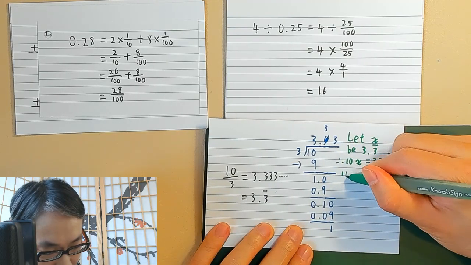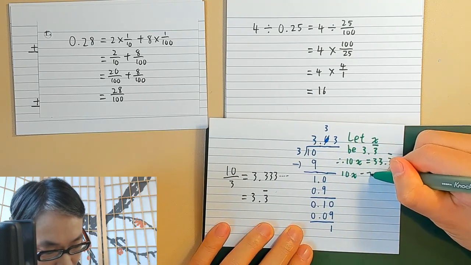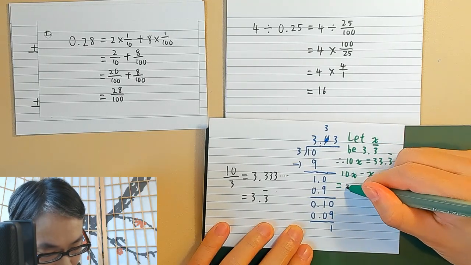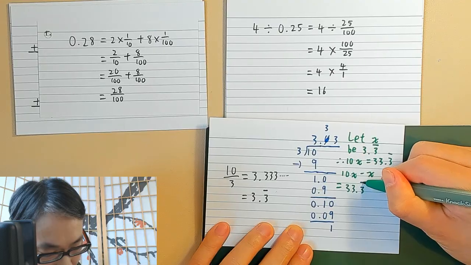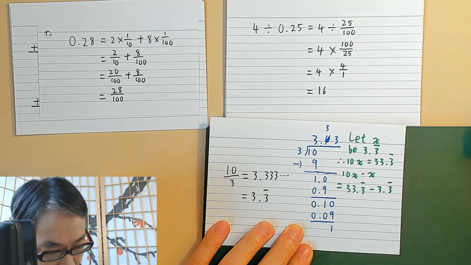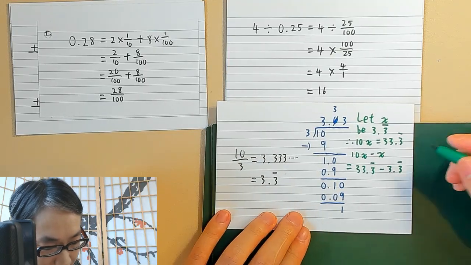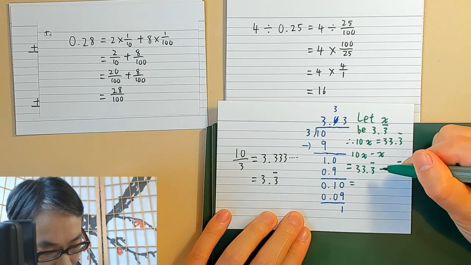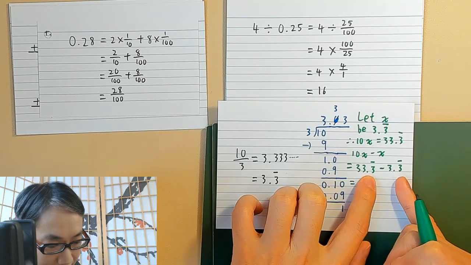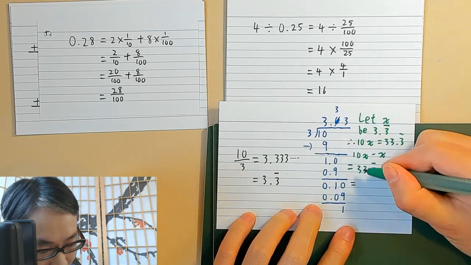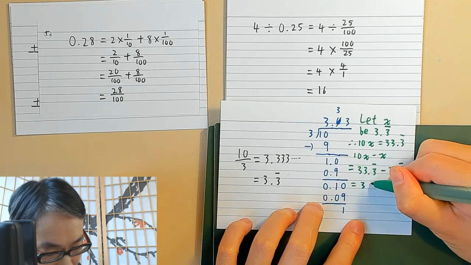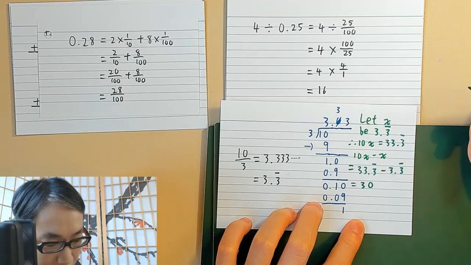So 10x minus x will be equal to 33.3 recurring minus 3.3 recurring. So the recurring part is deducted, and this is 30.